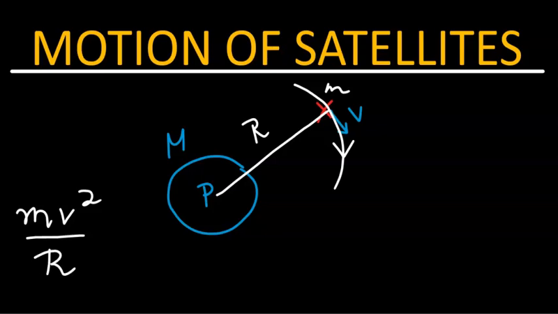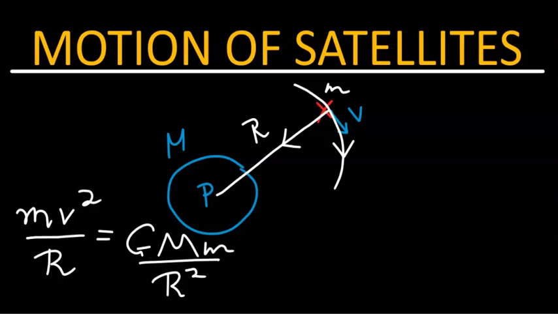And this centripetal force that is heading towards the center of the planet is provided by the gravitational attraction from the planet, and that is given by Newton's law of gravitation: capital G, the mass of the planet, the mass of the satellite, over the square of the separation distance.